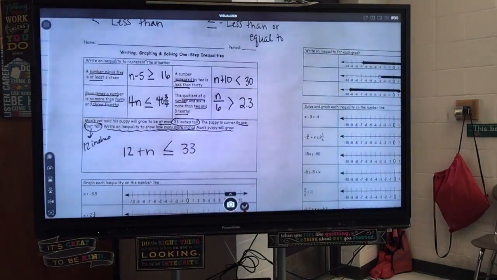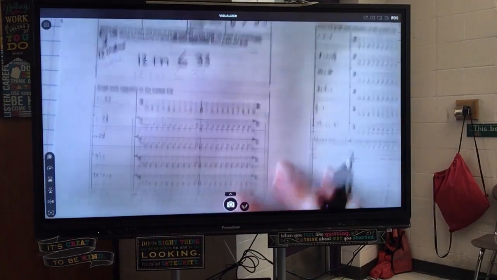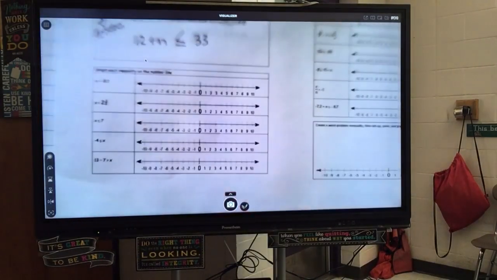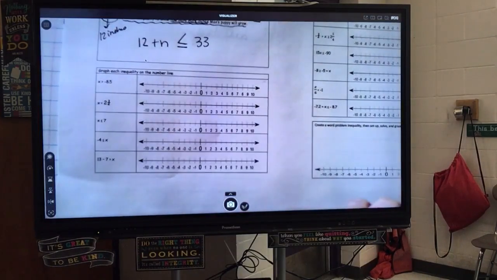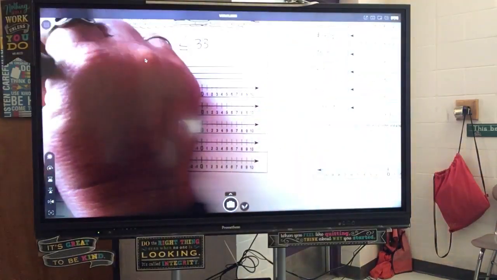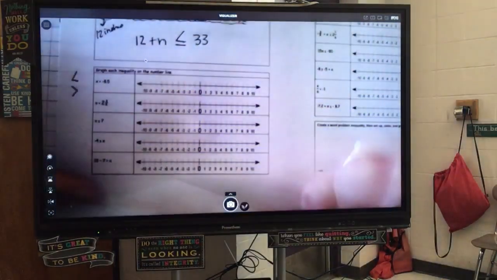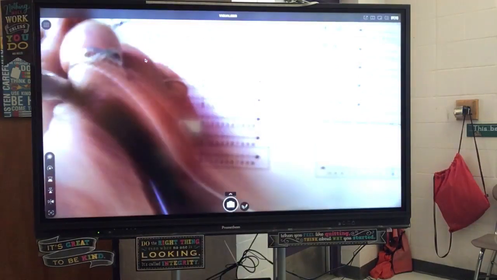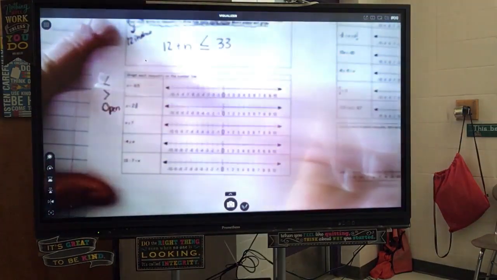Okay. Alright. Graphing. So they talked about the open and closed circles in the video. Alright, so less than or greater than, you have an open circle. Okay?